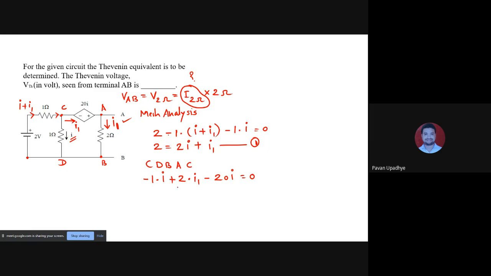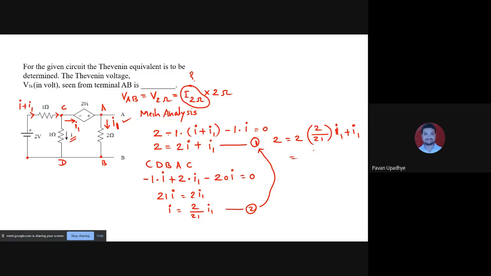Now what I get is 21I is equal to 2I1, so I is 2 by 21 I1. This is my equation number 2. Now let us substitute this value of equation number 2 in equation number 1. So 2 is equal to 2 into 2 by 21 I1, plus I1.